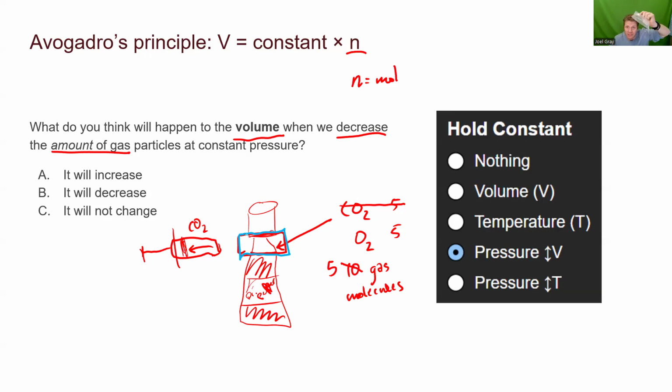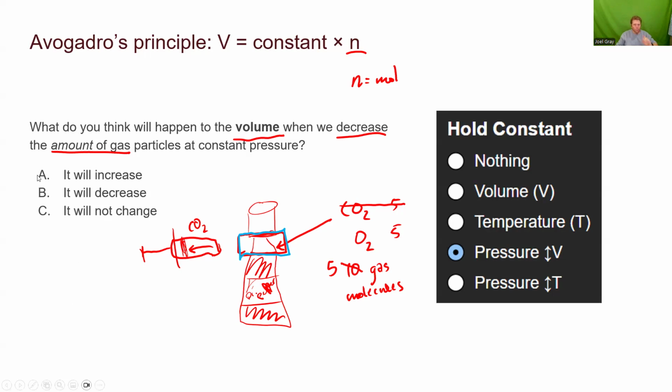What happened to the size, the volume of this Ziploc bag? Whenever I removed some gas, what happened to the volume? Did it get larger or did it get smaller? Well, I'll tell you, it got smaller. Absolutely right, Cortisone. It got smaller. The volume decreased. So when the amount of gas decreases, so too does the volume.